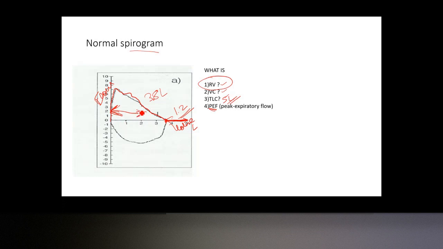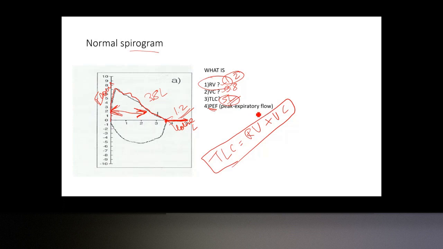So 3.8 liters would be the vital capacity. Again, total lung capacity is 5 liters. We figured out 1.2 liters is the residual volume. So total lung capacity is equal to residual volume plus vital capacity, right?